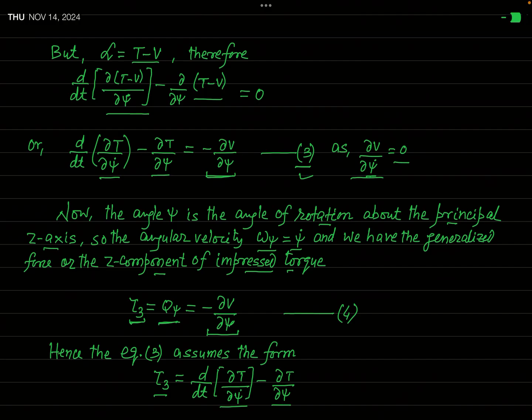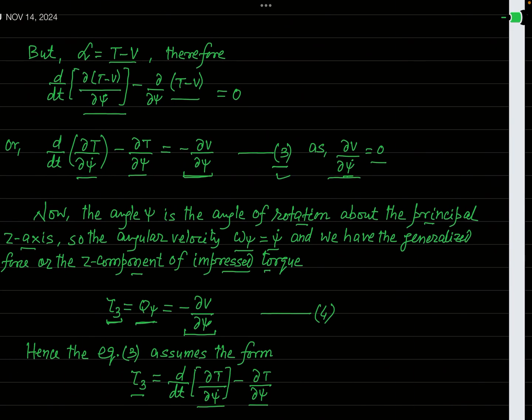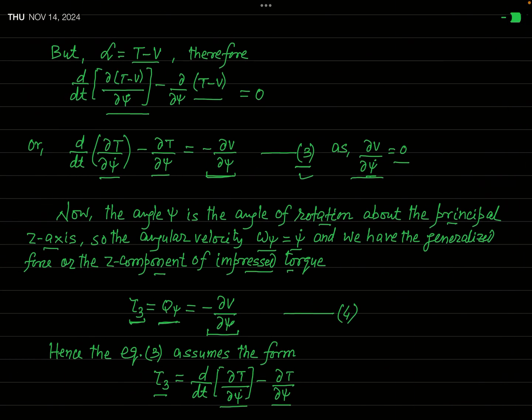Okay. I hope the calculation is not tedious and you can easily understand it, and if you watch the video seriously, each and every step will be clear to you. Okay. So now let us see. Here we are talking about the kinetic energy function, whose partial derivative with respect to the generalized velocity psi dot and psi has been taken.